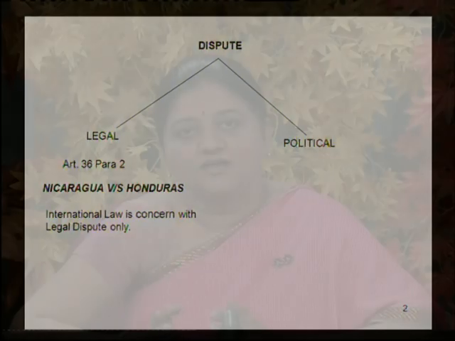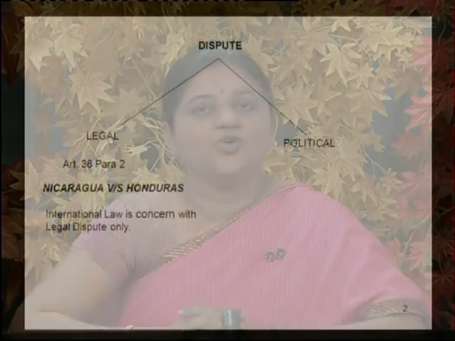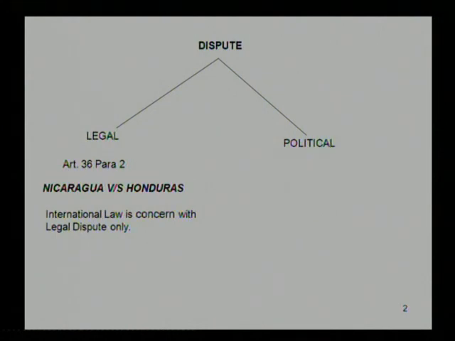Let's go through the facts of the case. In the present case of Nicaragua versus Honduras, the dispute was regarding maritime boundaries. In the Caribbean Sea, there were four different islands scattered between Honduras and Nicaragua.